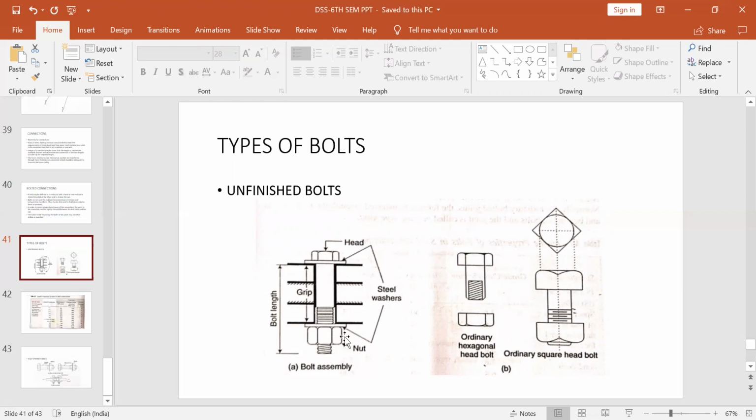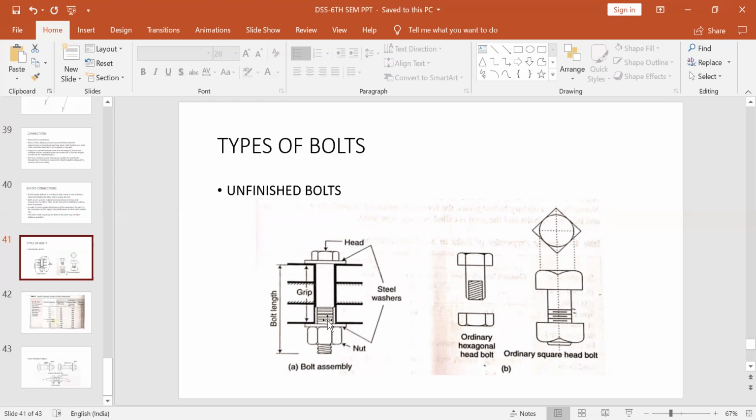There is a specific purpose for using washers. They are usually provided under the bolt head as well as under the nut to serve two purposes. The first purpose is to distribute the clamping pressure on the bolted member and to prevent the threaded portion of the bolt from bearing on the connecting pieces.